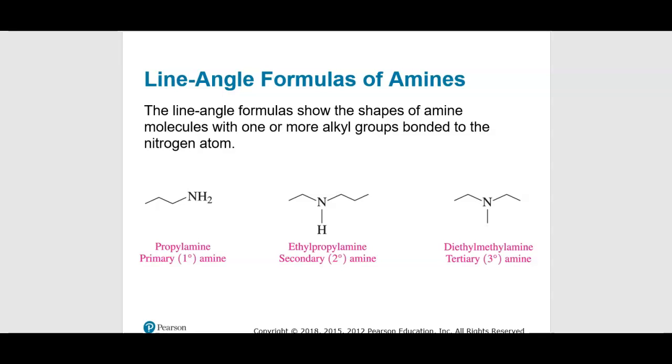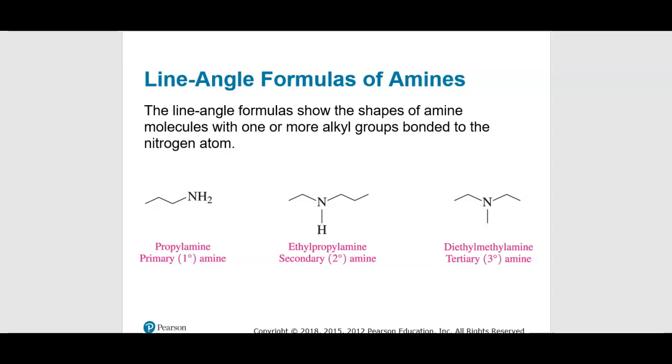Line angle formulas of amines. These should be predictable by now. Although in this case, the nitrogen is not part of the carbon chain, but it's the end of one of the bonds. So propylamine is going to be 3 carbons. You're going to have the end of the line, 1 angle and the next angle, so it's going to be 3 carbons. Propylamine is a primary amine.